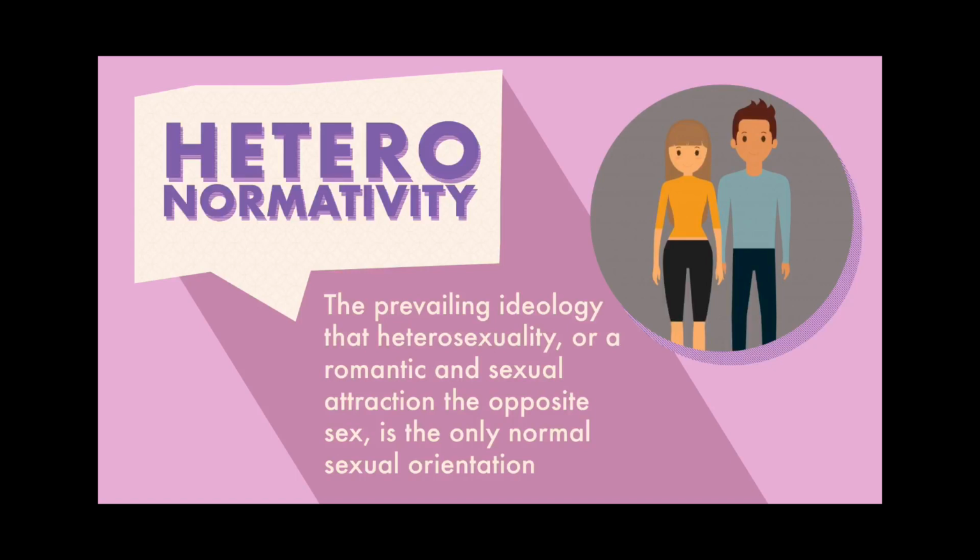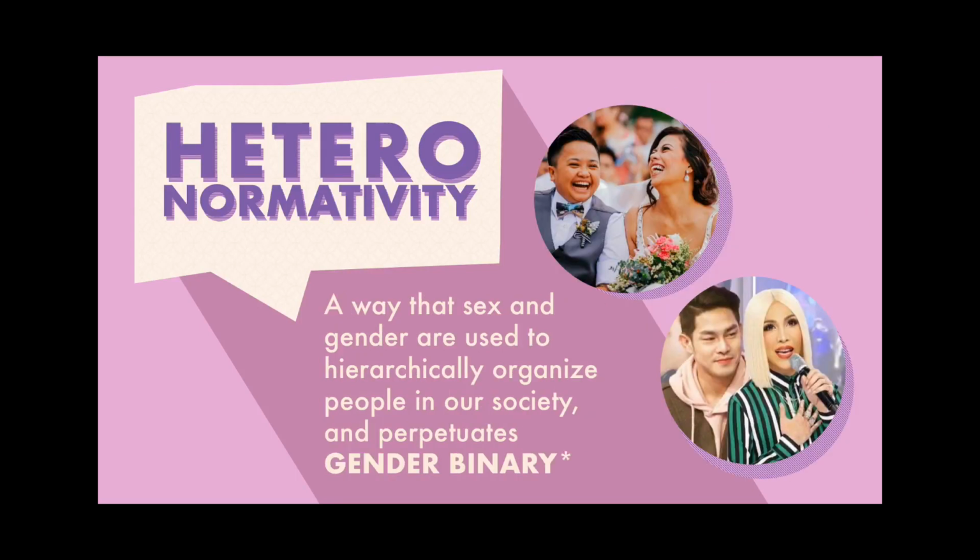And heteronormativity as a sexual ideology is a way that sex and gender are used to hierarchically organize people in our society and perpetuates gender binary. And in a forward way of thinking about gender, we don't think of genders as strictly two categories that you have to fit in.